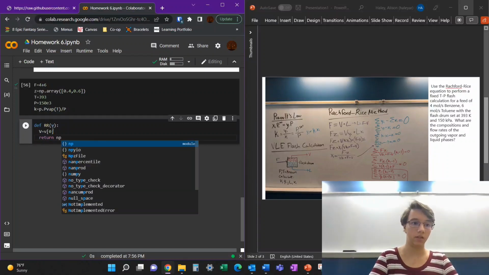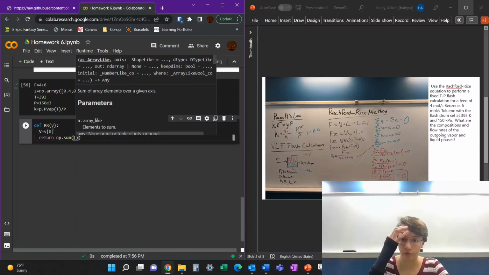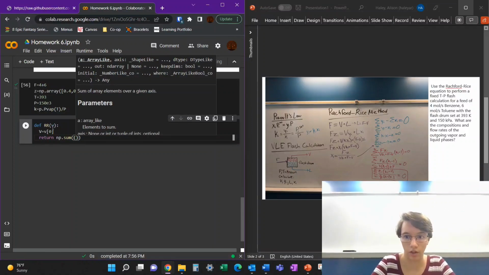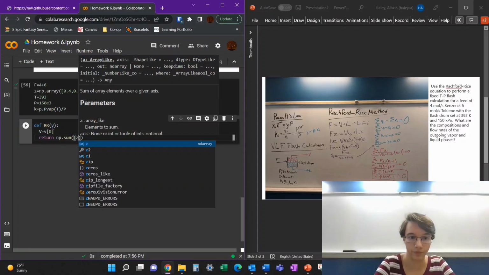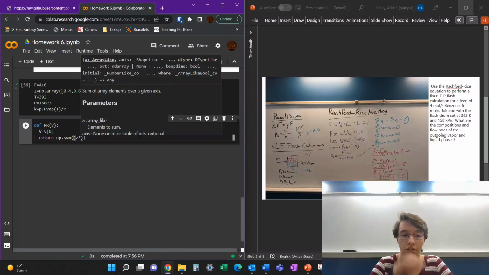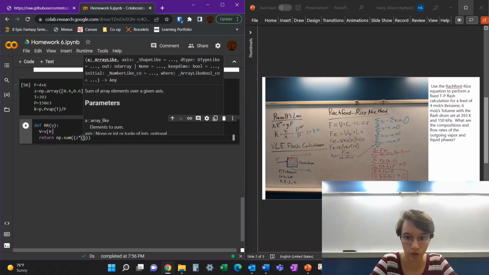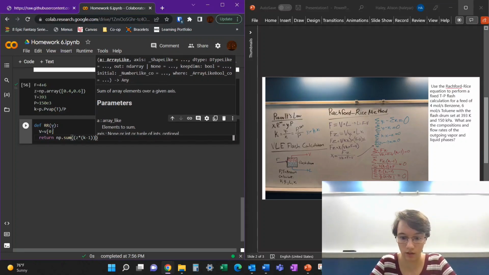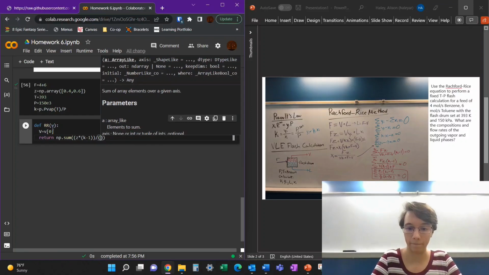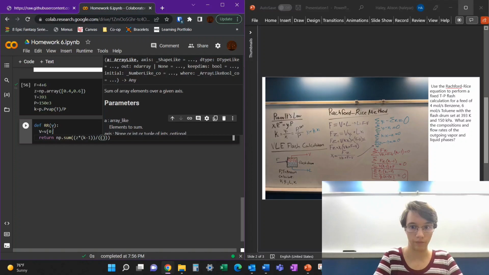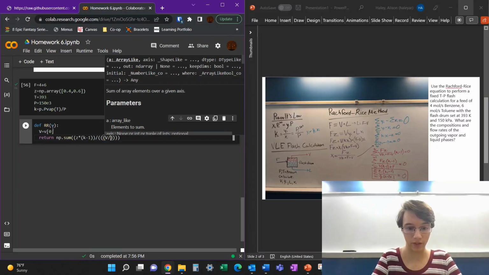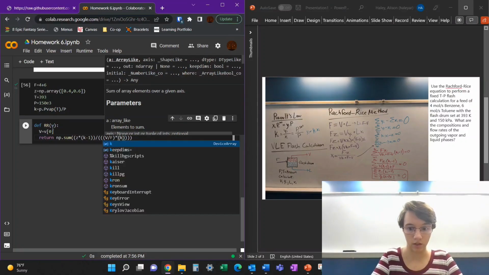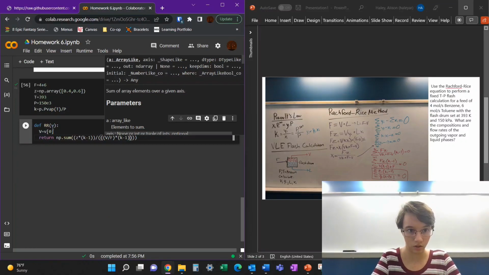So we need the NP sum. So then we have mole fractions in the feed times ratio K minus 1, and then divided by, we'll have our B divided by our F times ratio K minus 1, and then plus 1.